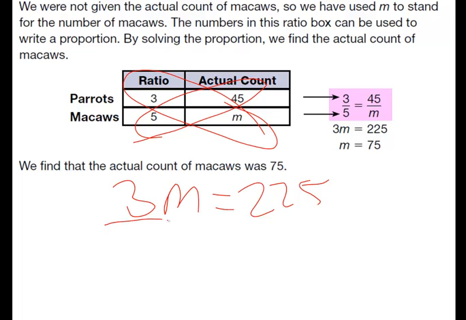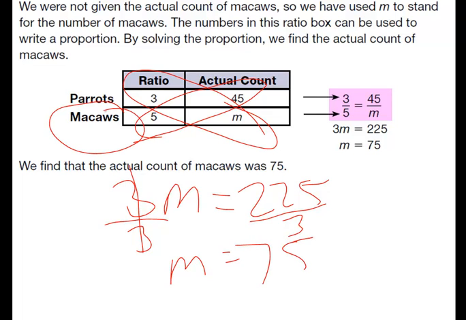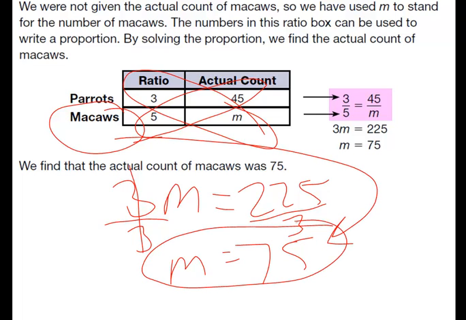To get m by itself we have to divide by 3, so this becomes 1, which leaves us just with the m, and we have to keep both sides balanced, so we divide the other side by 3 and we come up with 75. So we know that the number of macaws is equal to 75, and that's how we use proportions to solve these ratios.